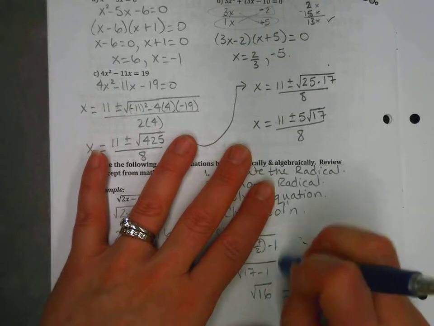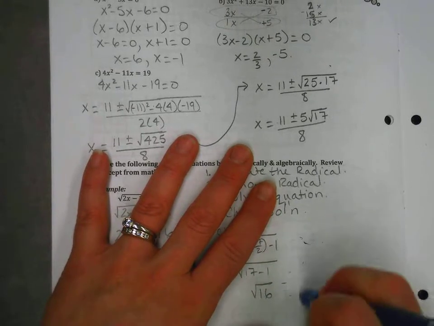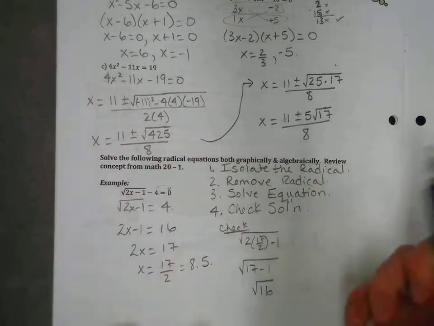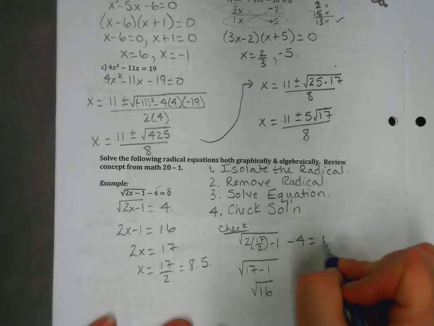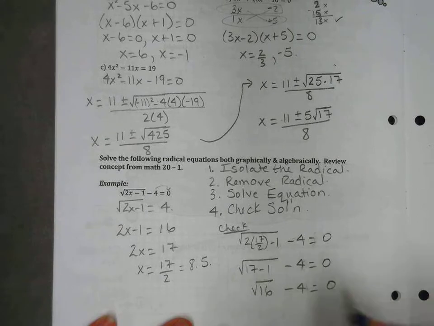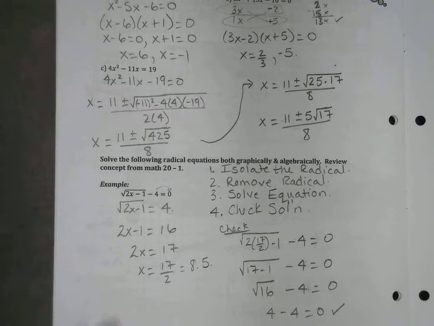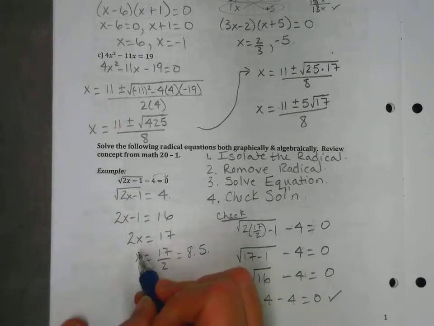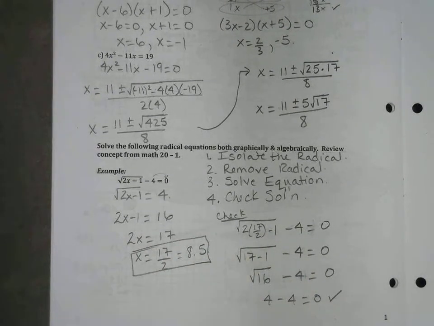Actually, let's work backwards. Sorry. We have to go back to our original equation, which was minus 4 equals 0. And so square root of 16, which is 4 minus 4 equals 0. So this checks out, works out. Okay, so therefore this would be my solution.